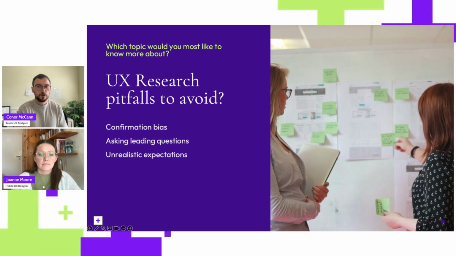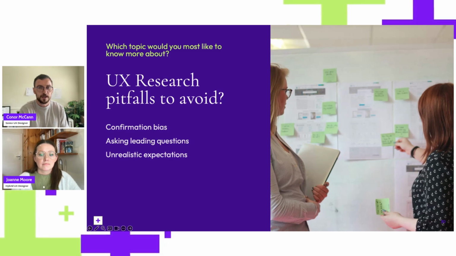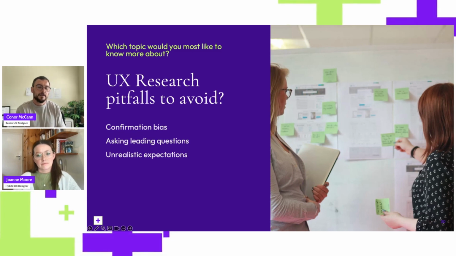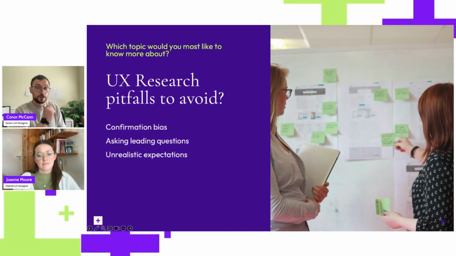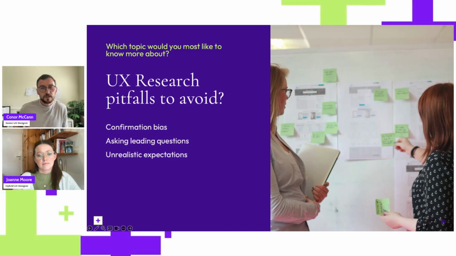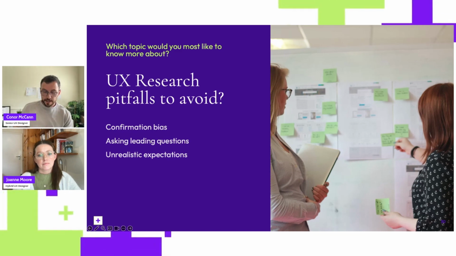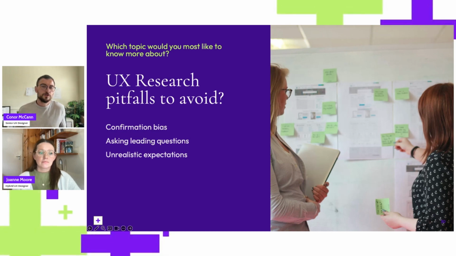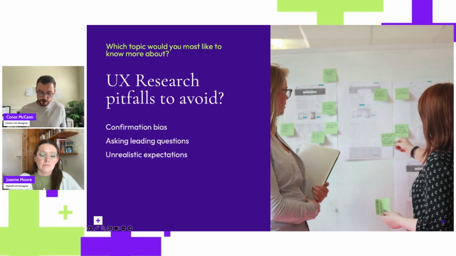There was a poll posted during the week asking which topic you would most like to know more about, and the leading result was UX research pitfalls to avoid. The first point I noted down was confirmation bias: only seeking out information that confirms pre-existing beliefs or assumptions.